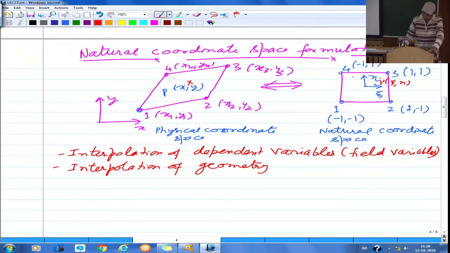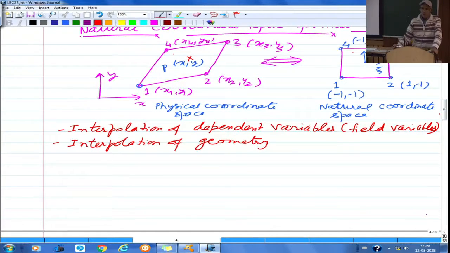When we write this relationship, we can have one kind of polynomial for dependent variables and another kind of polynomial for geometry, or the same kind of polynomial for both. If we have different polynomials, you can have a higher degree polynomial for one and a lower degree polynomial for the other.